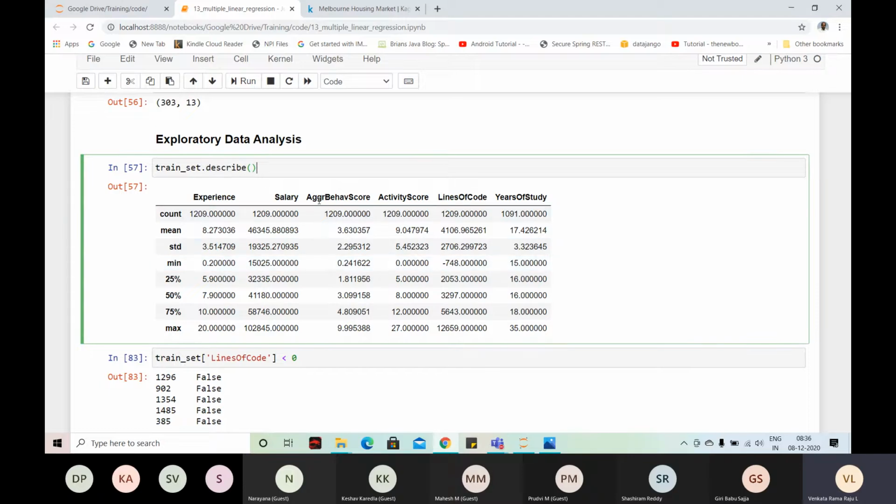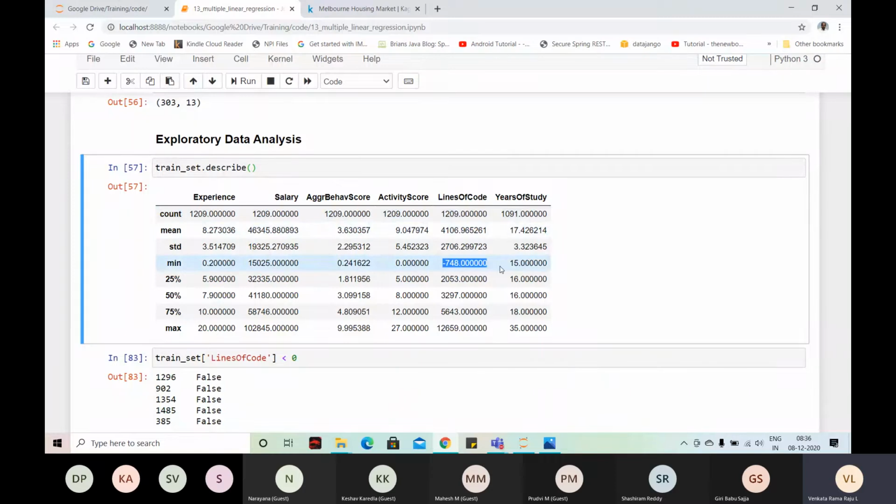And then aggressive behavior score also looks good. Activity score also, but some people have got 0 activity score, which may not be right. Everybody will be doing some activity, so a 0 means maybe some mistake or error in the data. And lines of code: somebody has got negative lines of code.